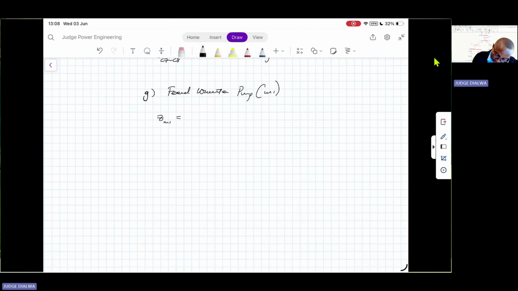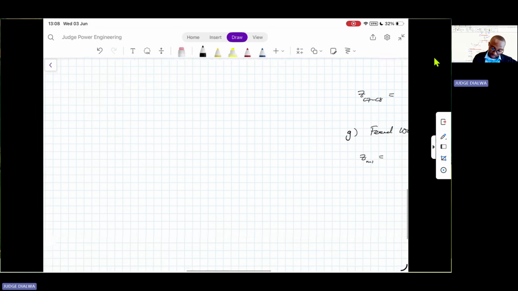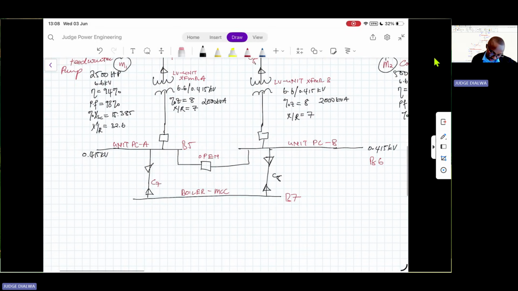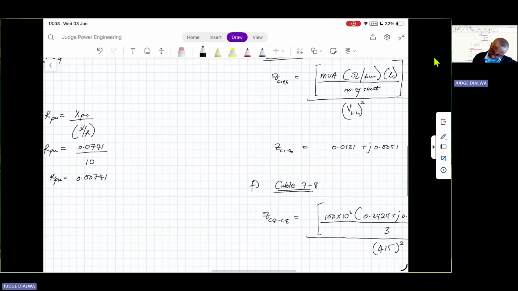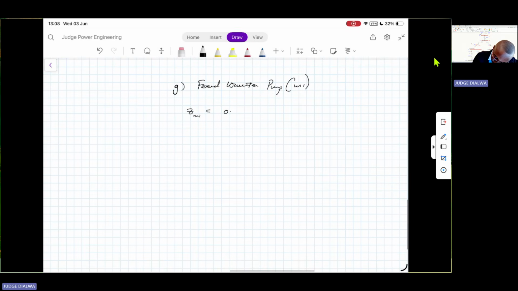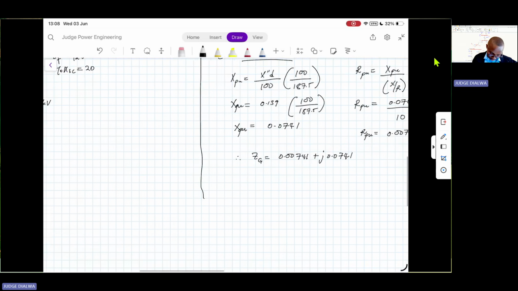We have our short circuit impedance that is 15.385, right? So that will be 0.15385. We multiply that by the new MVA divided by the old.